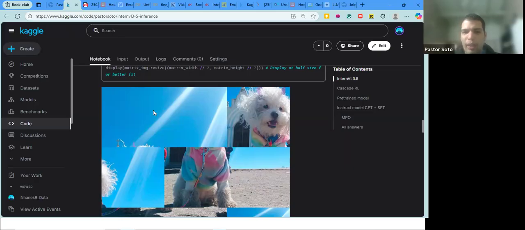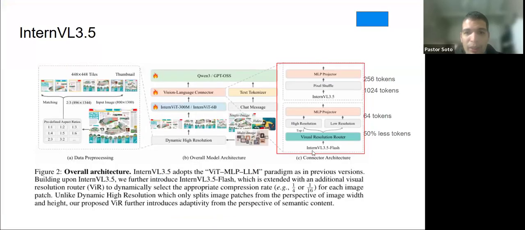It tries to understand, okay, do I need this in high resolution, or can I just use low resolution, and the model will be able to understand either way, or perhaps I need some details about this image, and perhaps I need to capture more about the image. So that's how they decide.